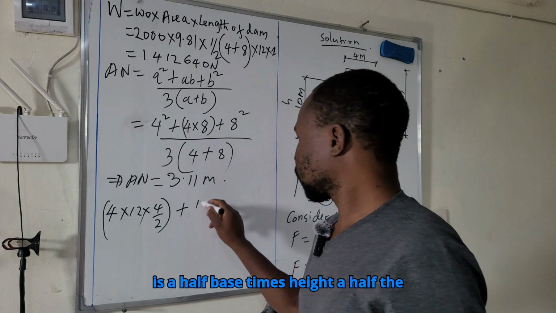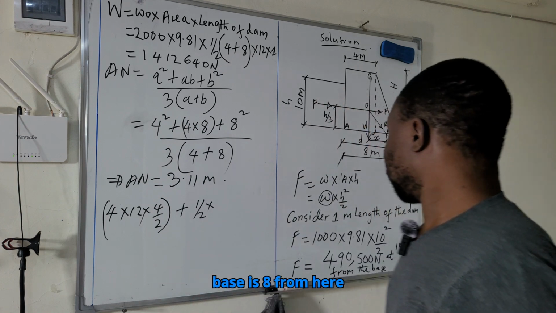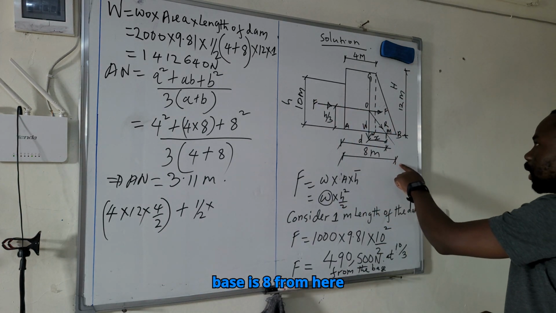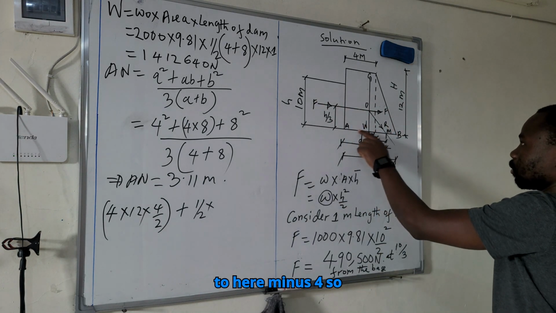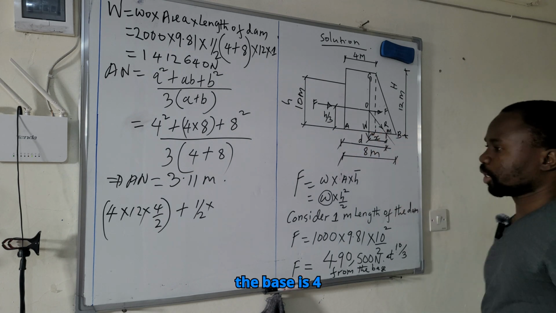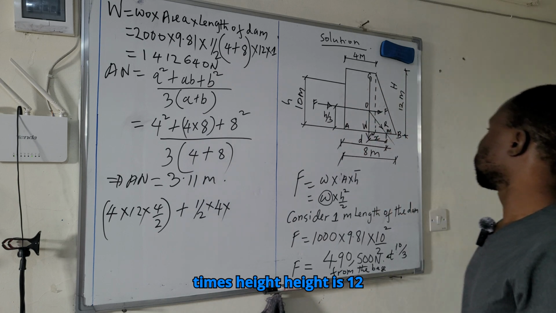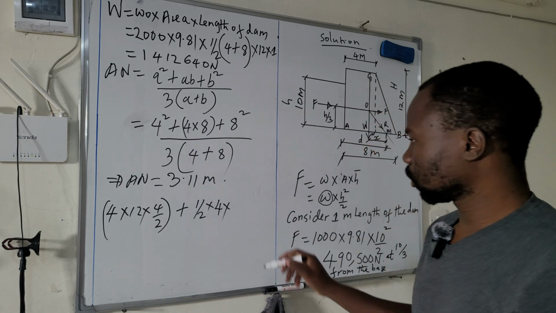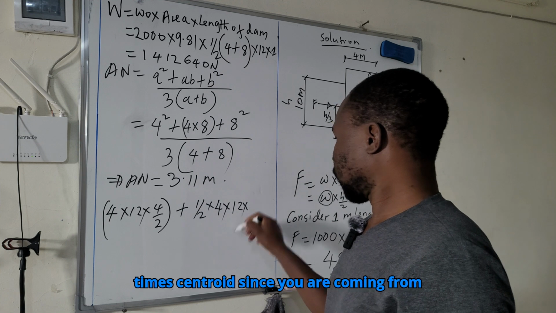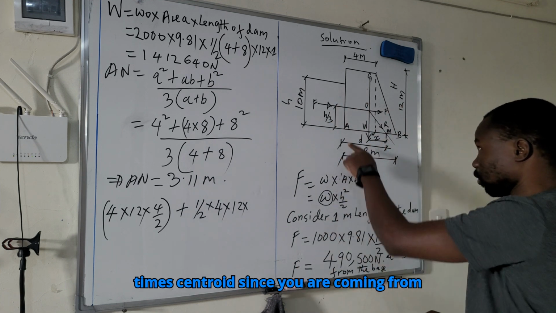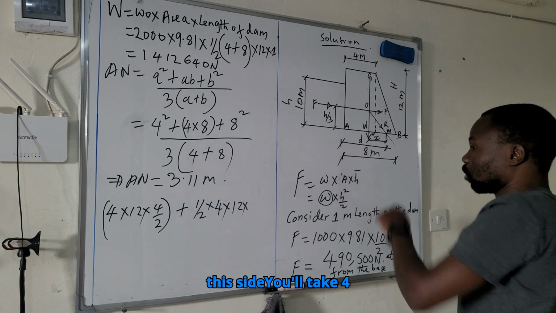It is a half base times height, a half. The base is 8 from here to here minus 4. So the base is 4 times height. Height is 12 times centroid. Since you are coming from this side, you will take 4.